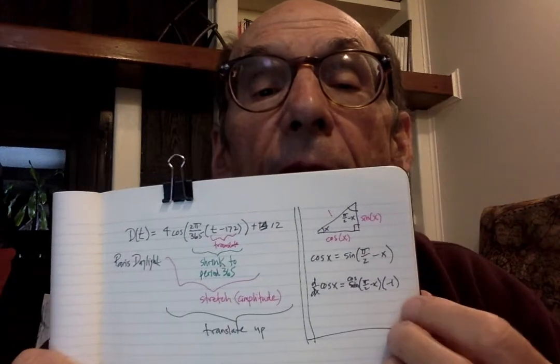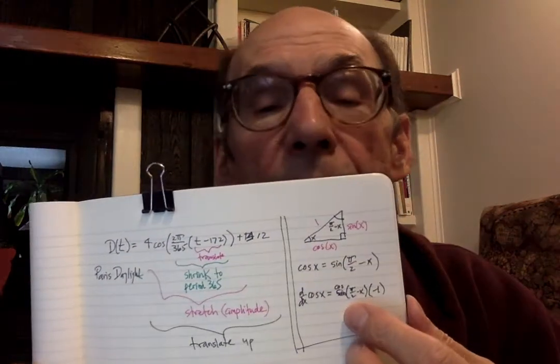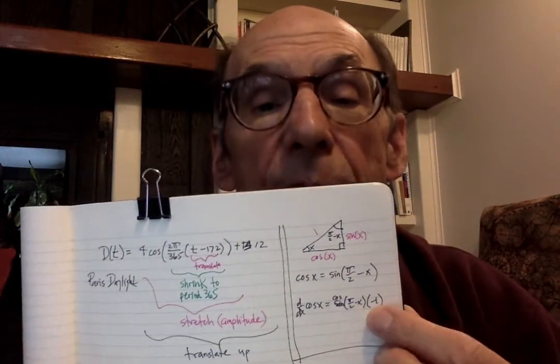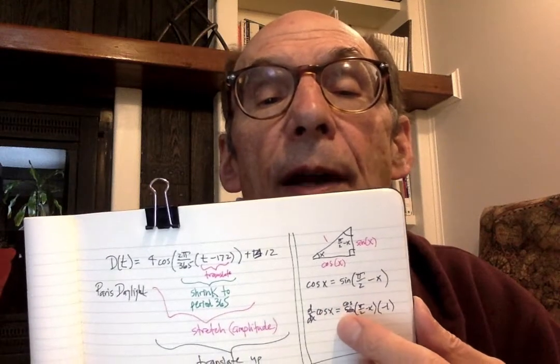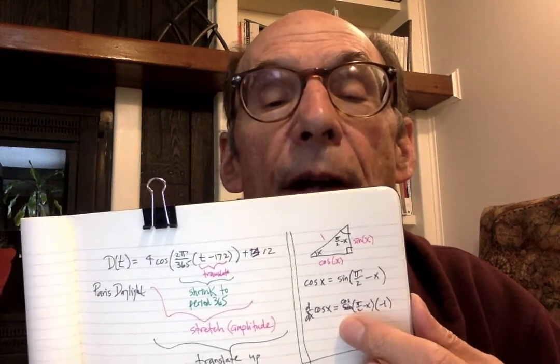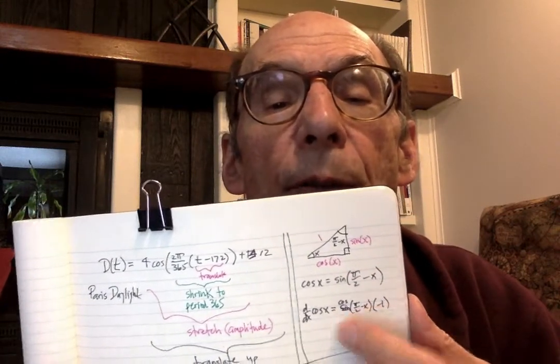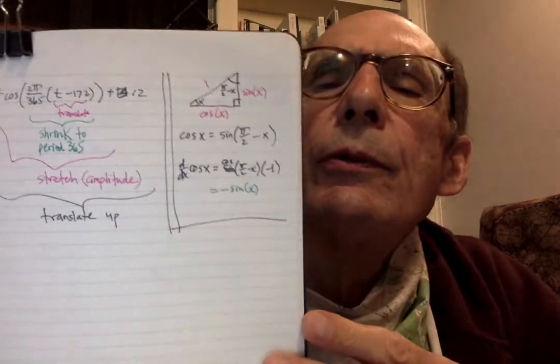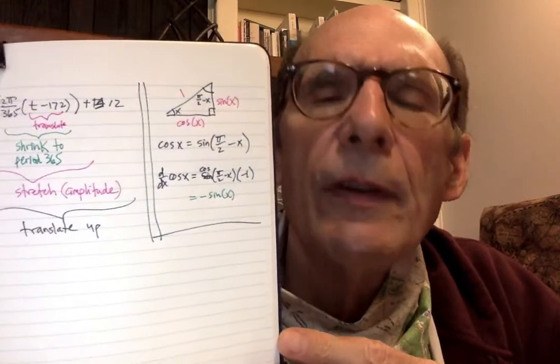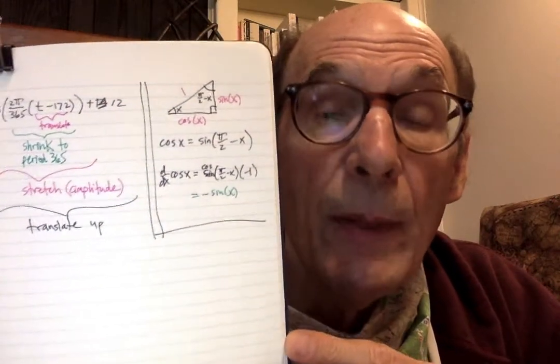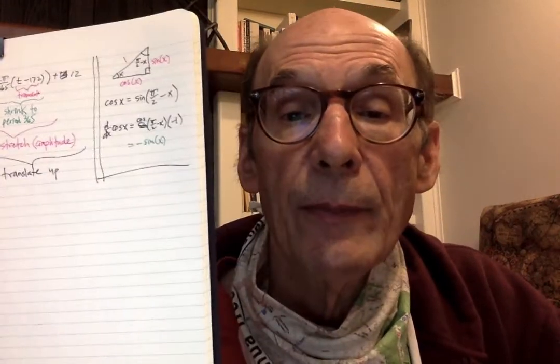The minus 1 is the derivative of the inside function. The inside function is pi over 2 minus x. Its derivative is minus 1. And I'm sorry, I wrote sine earlier; cosine is what I meant. So now if we look at what's going on here, this is minus the sine of x. So this is probably one of the big useful derivative laws, that the derivative of cosine is the negative of the sine. Remember, the derivative of sine is cosine.